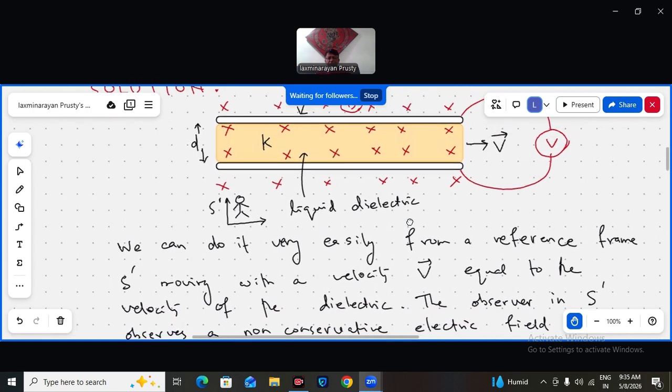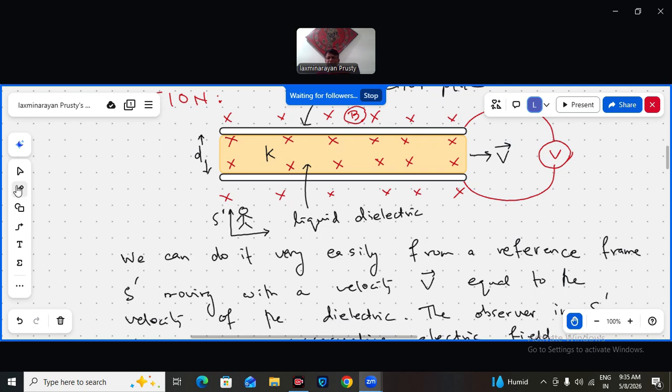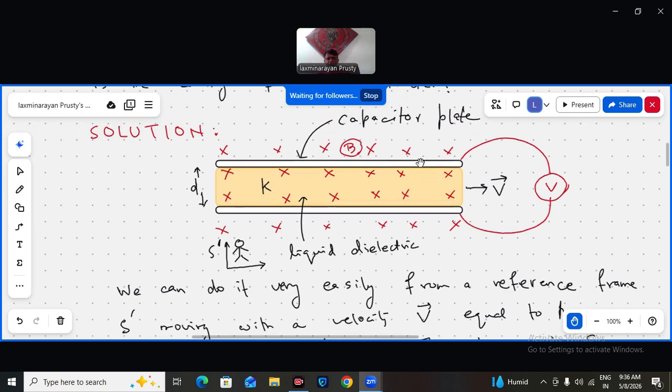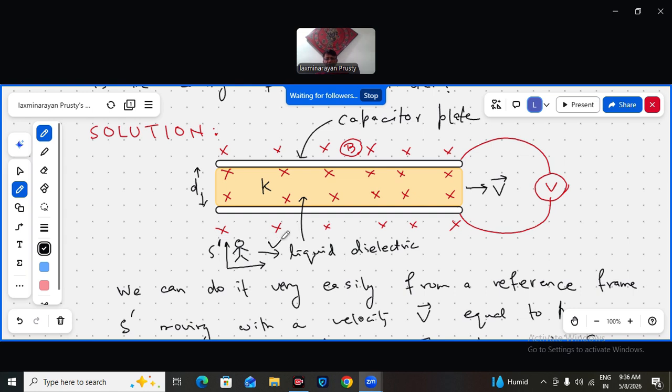तो मैंने क्या किया, ये चीज तो मैंने आपको समझाया था पहले भी. This is the reference frame fixed to the plates of the capacitor. Call it ground or S, whatever you want to call that. Now I am having one more reference frame, which is a moving reference frame, moving with velocity v bar parallel to the velocity of the liquid.